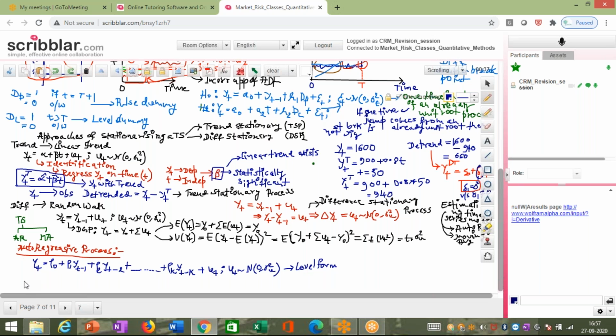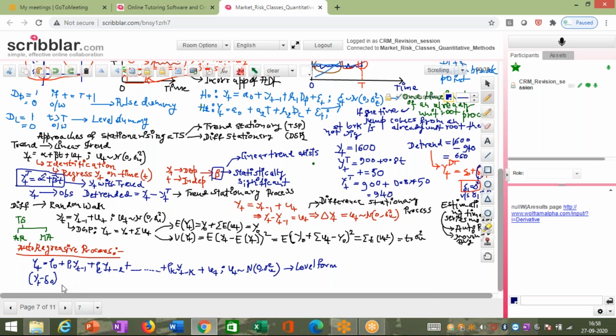Now, apart from the level form, there is a second form which we call the deviation form. Over here, what we have is yt minus delta. Let's say there is a long run average mean from which I am looking into the deviations. In this second form, I'm not trying to model the values per se, but I'm trying to model the deviation from the values.